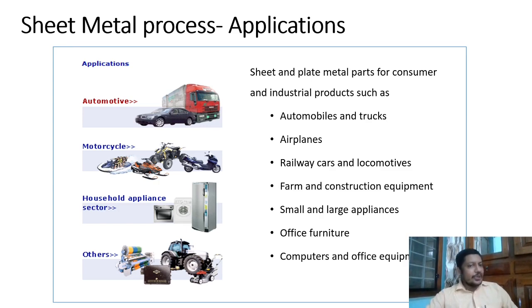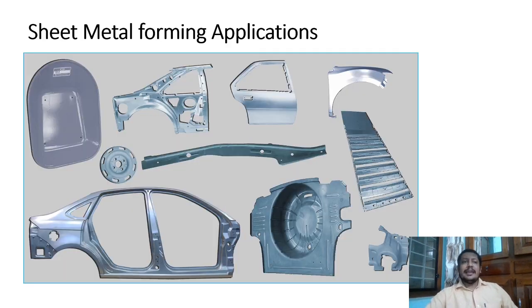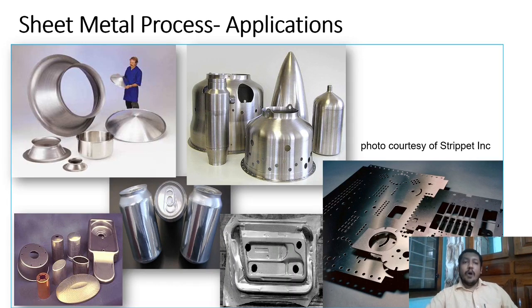And as I told you earlier, the majority of sheet metal operations are performed at room temperature, so they fall under the category of cold working operations. Some more, you can see the various parts of the car, the various equipments, they all are made from sheet metal operations.